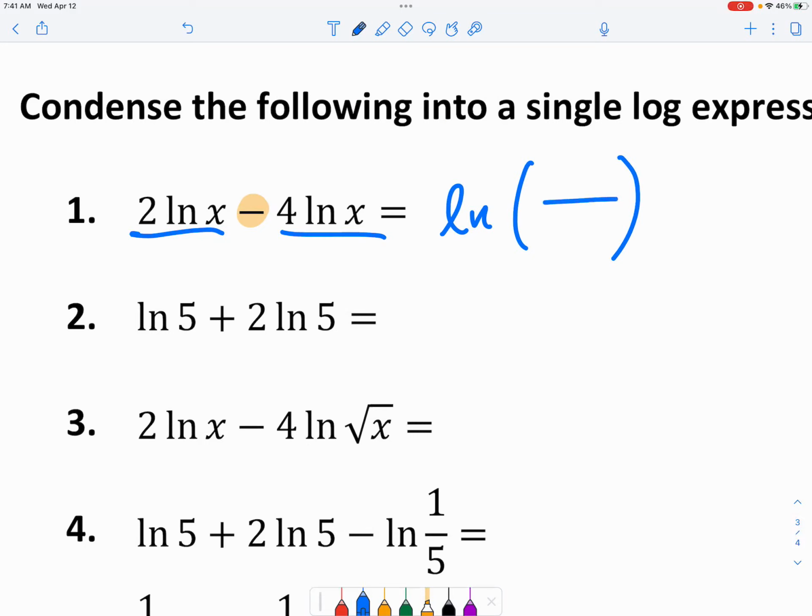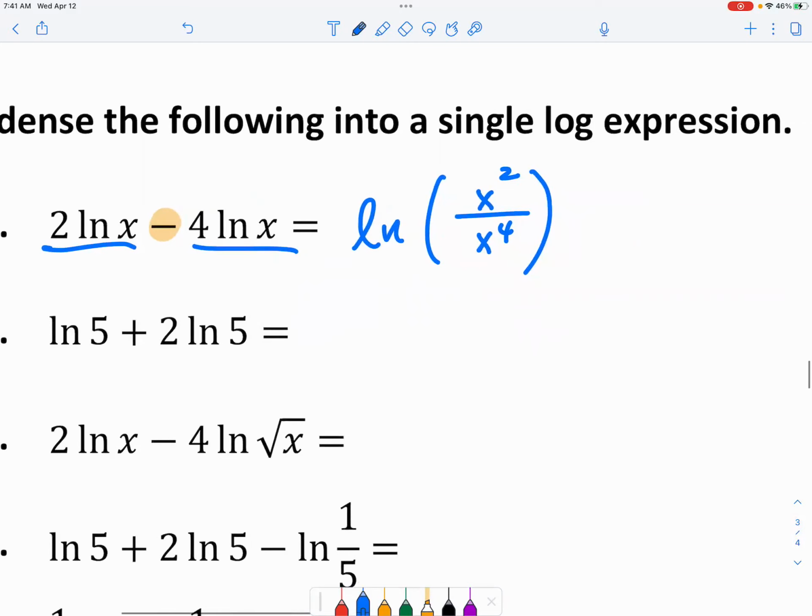Oh, actually, my bad. Sorry. There are two ways you can do this. You can do this first. You can say this is x squared in the numerator over x to the 4th, which is equal to natural log of 1 over x squared. You can do it that way.